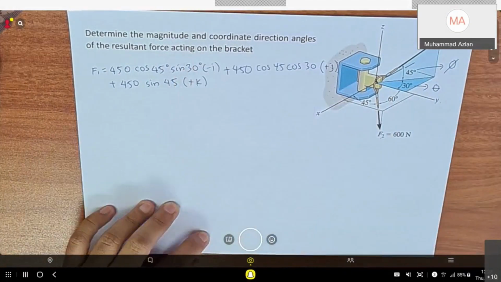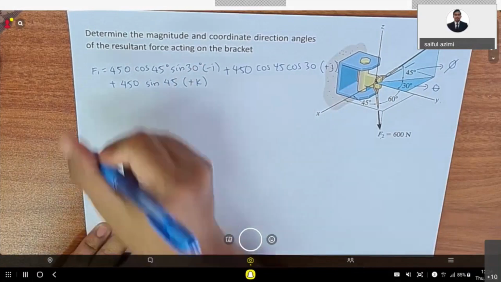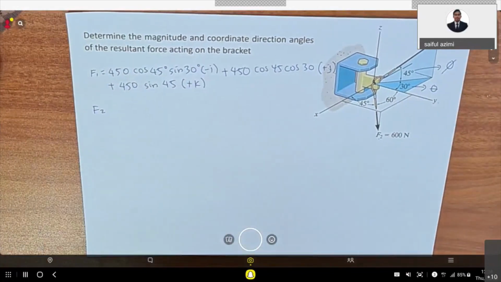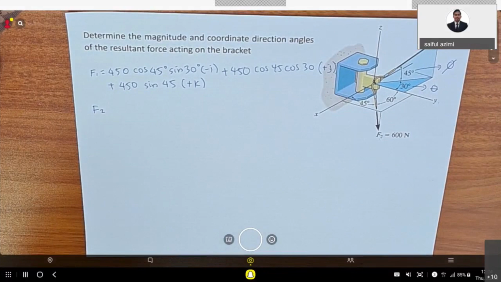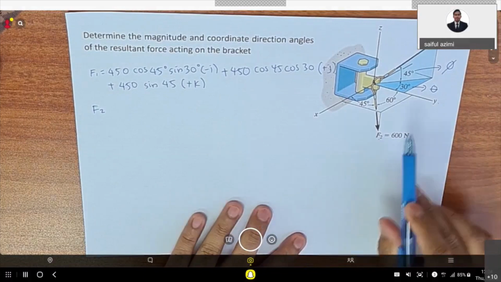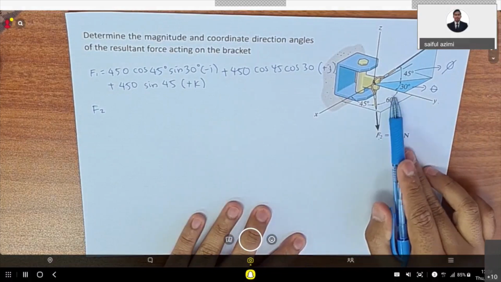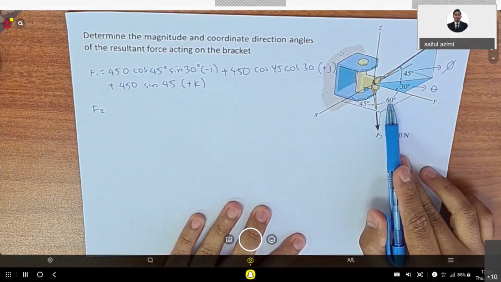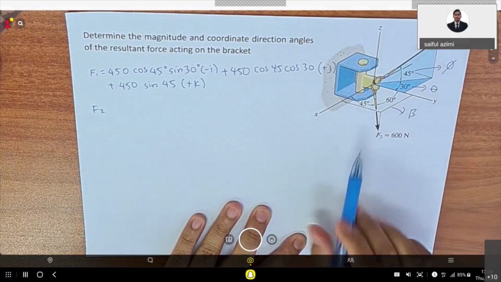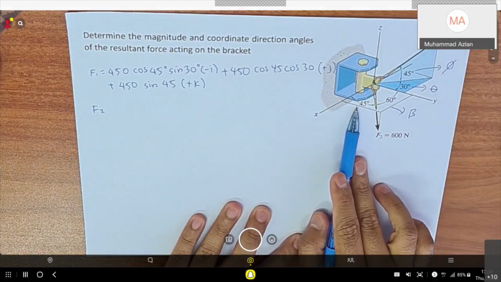What about the second force, F2? What is the angle that we have here? Is it easier for us to use 2 angle or 3 angle? This is force number 2. 60 represents what? Beta. So this is beta. 45 represents what?